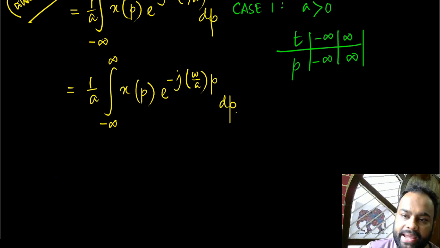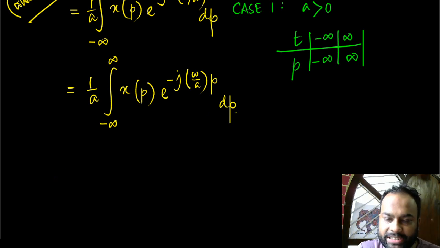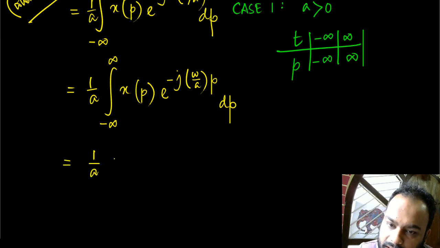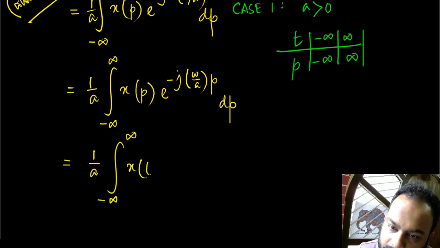And again, p is just a variable, a nomenclature, a variable used in this definite integral. So that particular name can be changed, and without any issue I can write that this is again identical to this.